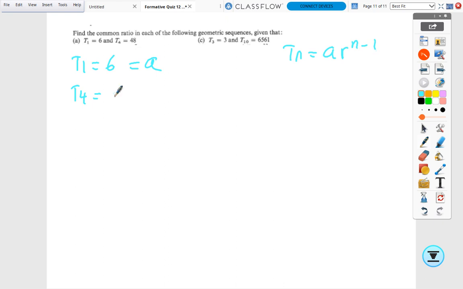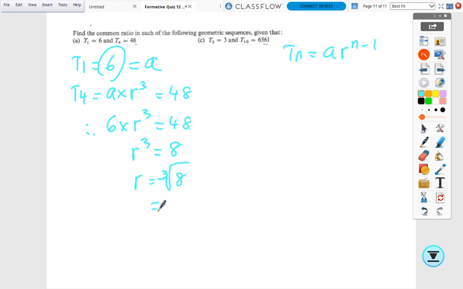So T4 equals A times R cubed, which is 48. We know that A is 6, so 6 times R cubed equals 48. Then divide by 6, 48 divided by 6 is 8, and then just get the cube root of 8 on your calculator, which is 2.